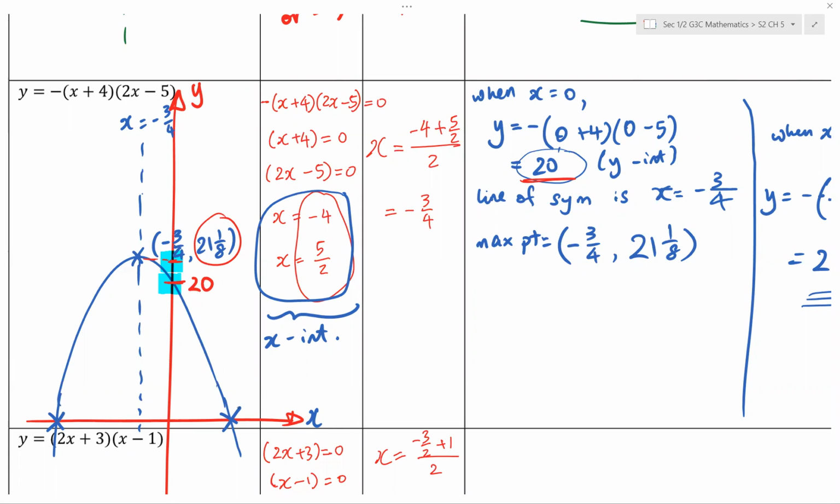Left-hand side is -4. Right-hand side must be 5/2. Okay? And put in the 0. Write down your equation of graph. y equals -(x + 4)(2x - 5).